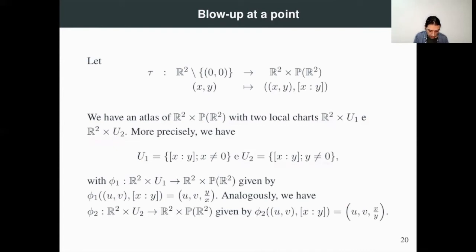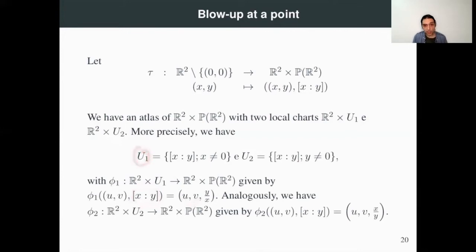The image of (u, v) and the class of [x, y] is going to be, in the first component of the pair, just the identity, because the identity is the local chart for R2. So the first component of the pair is (u, v). And then we have to consider the local chart for U1.